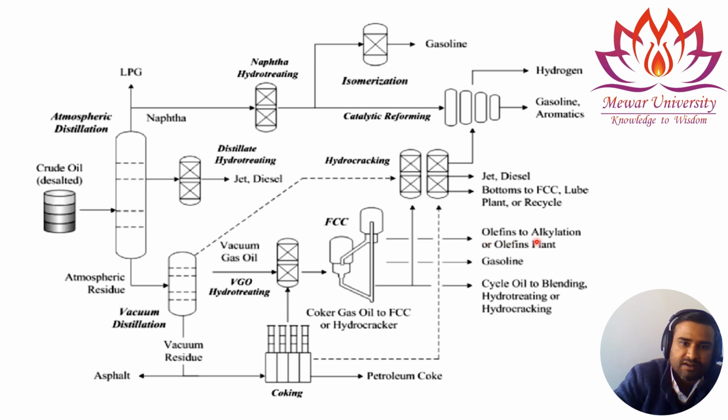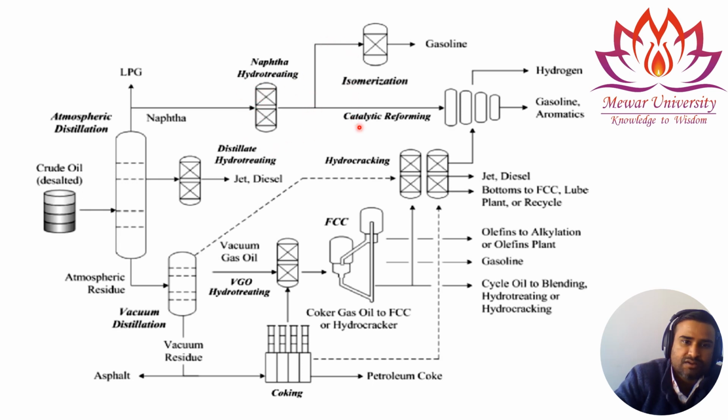We are getting the olefins to alkylation or olefin plant, then gasoline, then cycle oil blending, hydrotreating, and hydrocracking. And this is the coking unit, where the final bottom product that we are receiving is petroleum coke. At the top you see the naphtha hydrotreating.